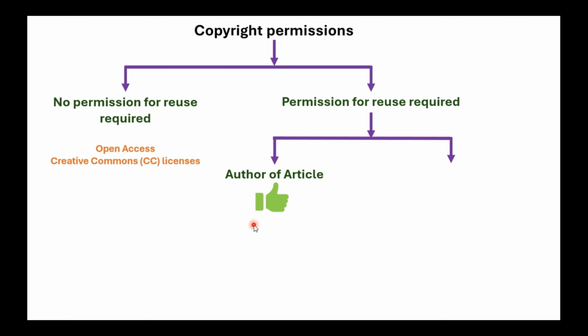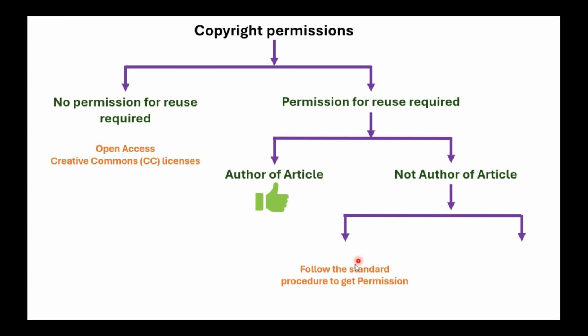If you are not the author of the article, then also you have to follow a standard procedure to get permission. But in this case also, you will surely get permission to use an image, and the procedure is the same whether you are the author or not, except for a minor change that I will discuss further.